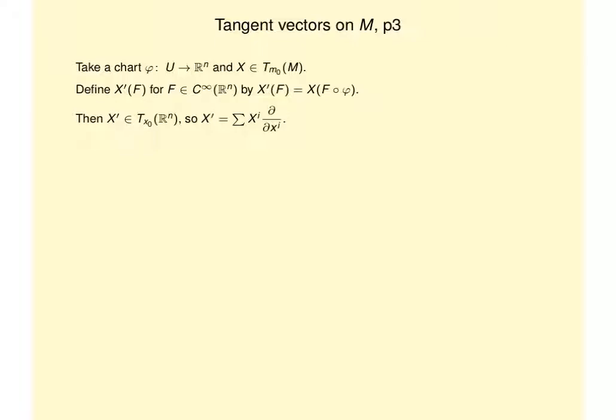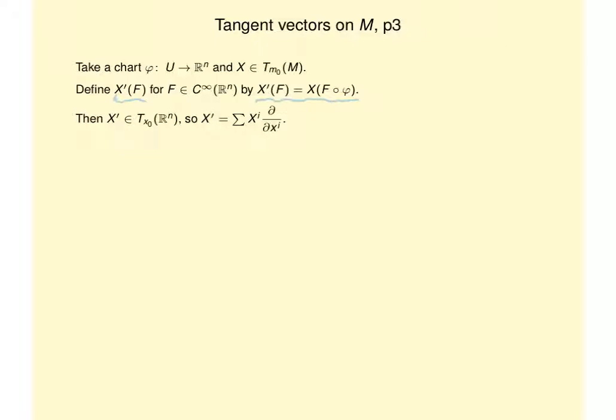So take a chart. I'll just write phi, just a single chart, defined on an open set U, and taking values in Rn, and a tangent vector capital X at a point m0. And then I'm going to define a tangent vector on Rn. I'll write X prime simply by using the chart to pull the functions on Rn back to functions on the manifold.